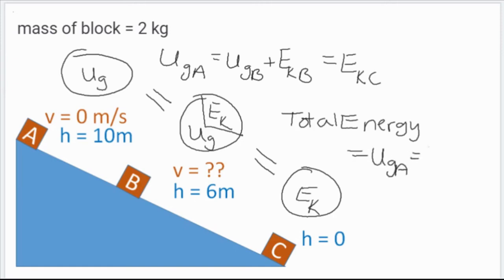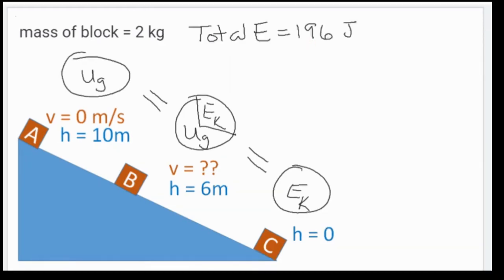At point A, we have our mass of 2 kilograms, our gravitational field strength of 9.8, and a height of 10 meters. That means that the gravitational potential energy at point A is 196 joules. That is the total energy of our system.